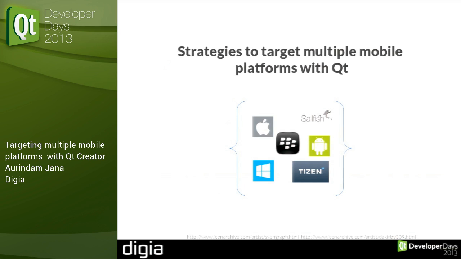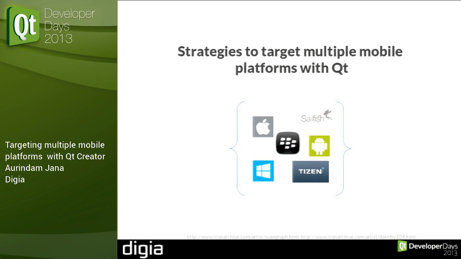So first, strategies to target multiple mobile platforms with Qt. The advantage with Qt is that with a single code base, you can target all your desktop platforms and, of course, mobile platforms. Lars has already talked about iOS and Android for 5.1. Blackberry is already supported.